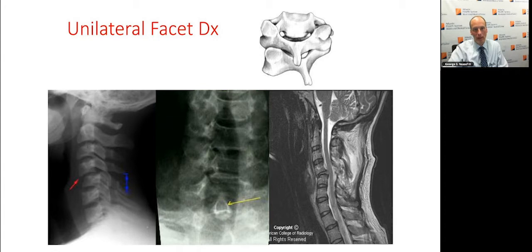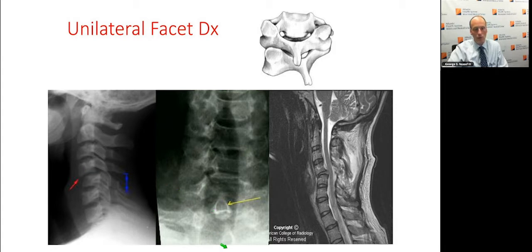This is a patient who had a unilateral facet dislocation. So what happened here was, this is the superior articulating facet of the inferior level, and this is the inferior articulating facet of the superior, and this just slid out of place and rotated. You'll see that typically these patients have about a 25% translation.